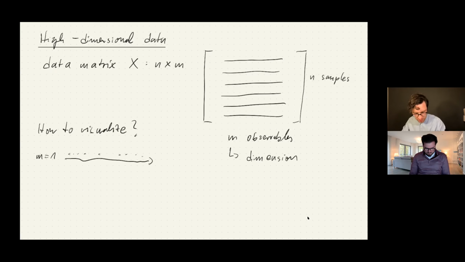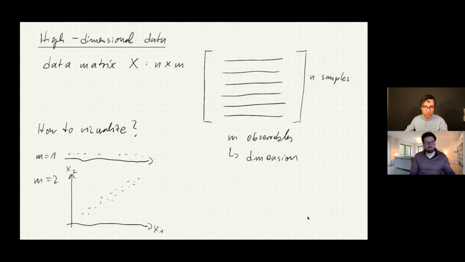For two dimensions, this is pretty straightforward. If these were the entries of our data matrix, x1, x2, we can just plot them as a scatter plot, and we could, for instance, see whether they are correlated or not.